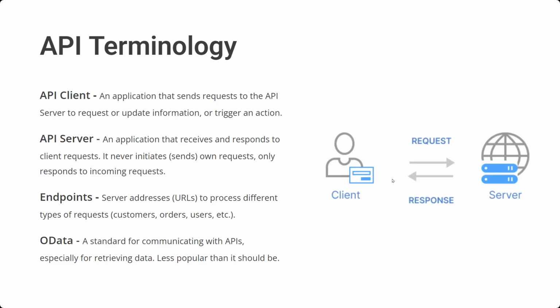And the communication is asymmetrical in the sense that only clients initiate this communication, and the server side only responds. The server never initiates communications with clients. So the server always responds.